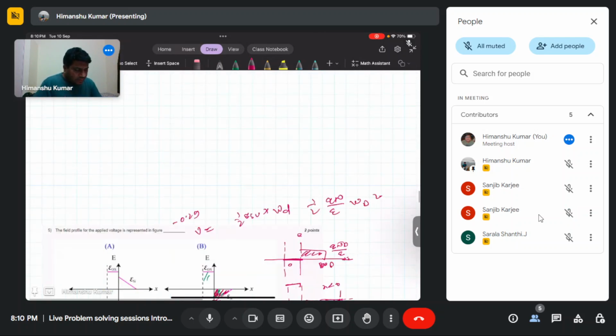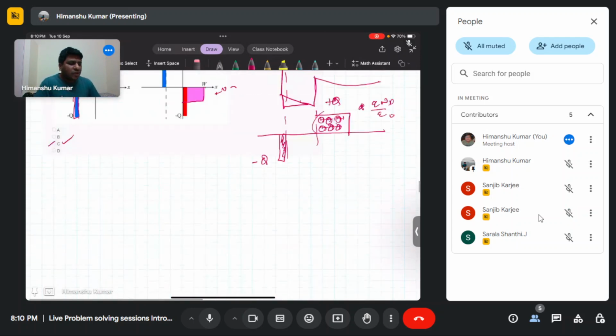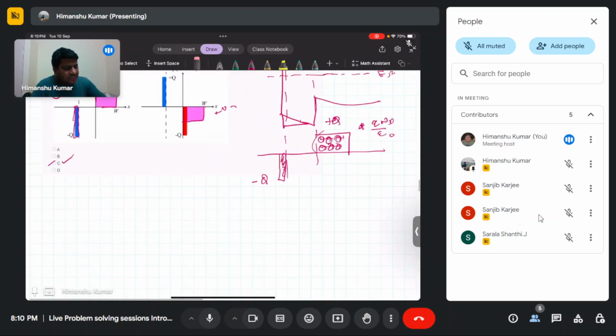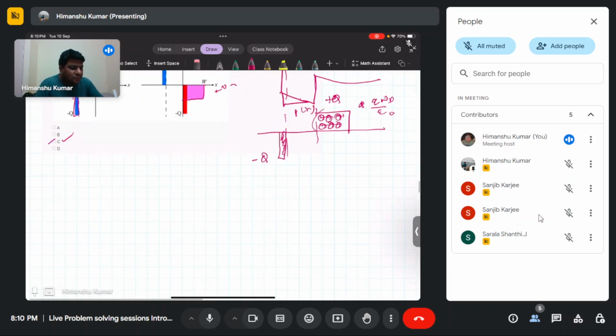Now, to get the electric field, this is the charge density rho(x). To get the electric field, you need to integrate.